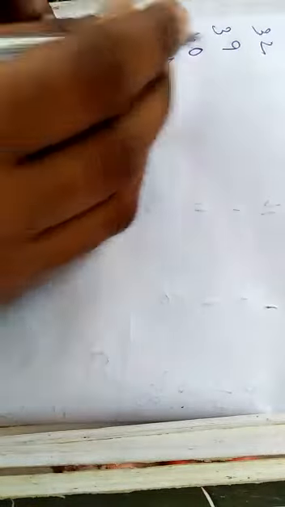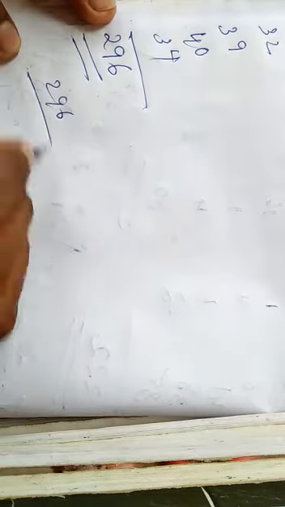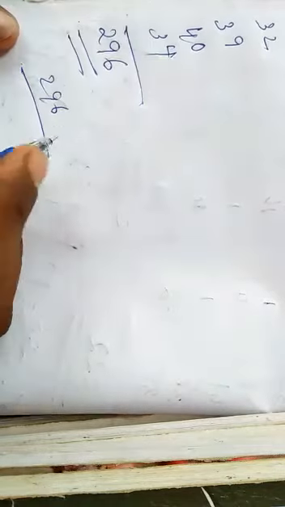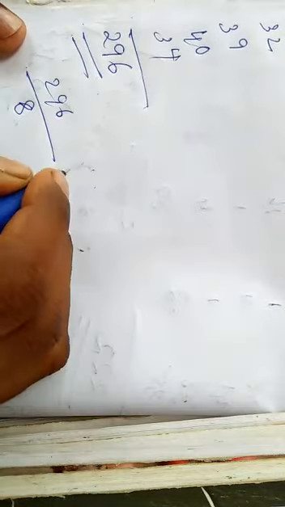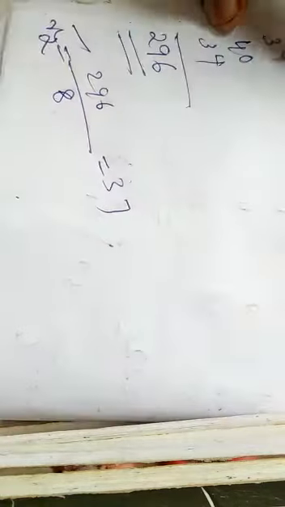Similarly, you take the second sample: 39, 38, 41, 33, 32, 39, 40, 34. The sum is 296. 296 divided by 8, you get 37. So the second sample's mean is 37.